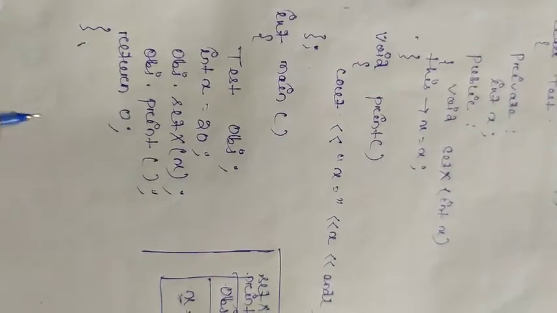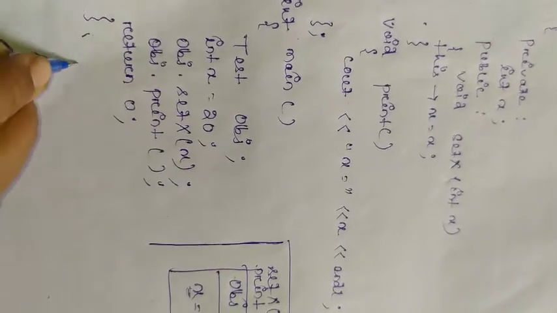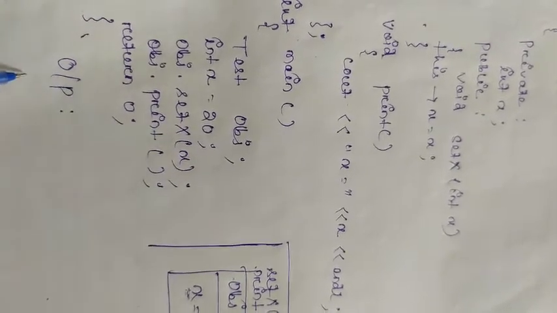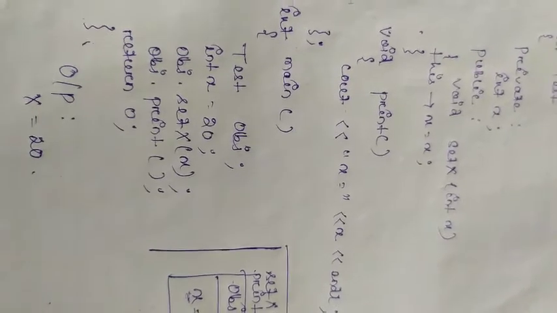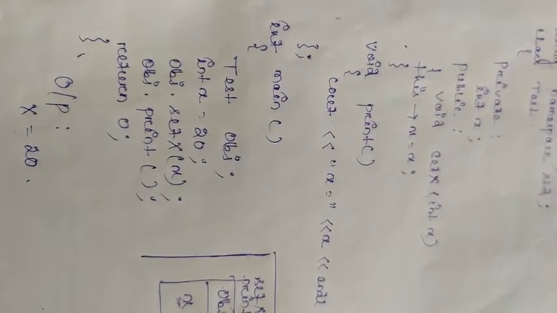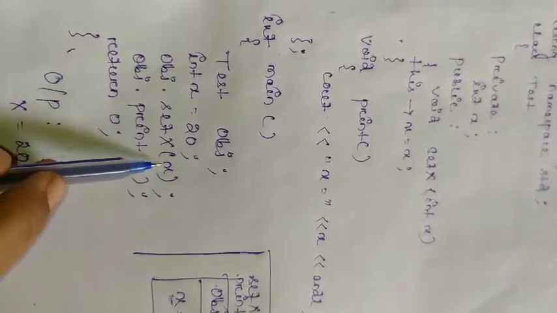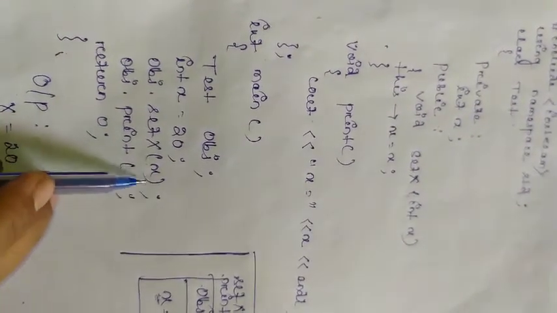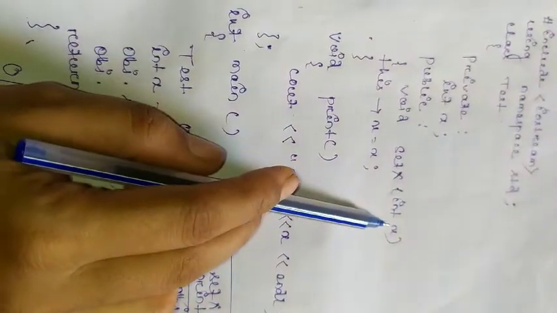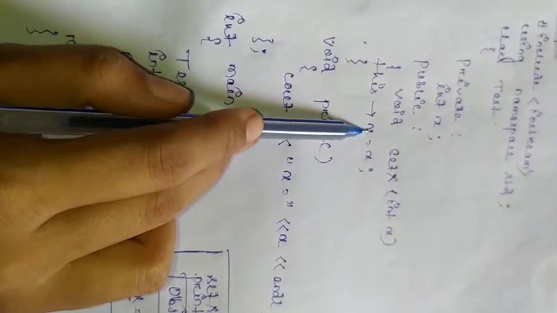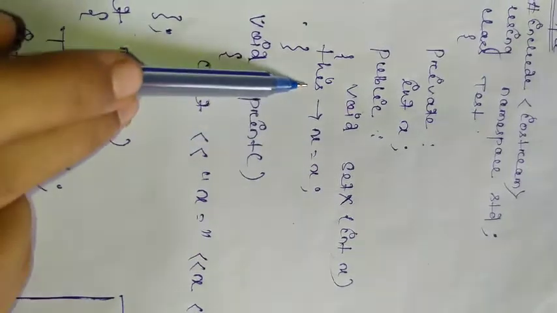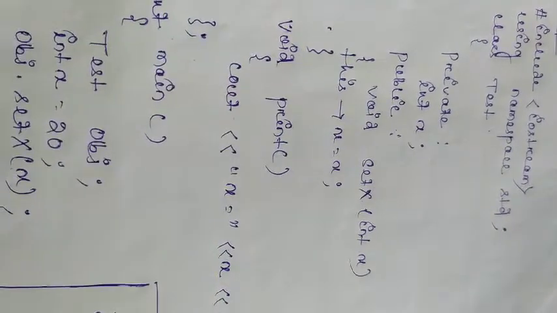The output will be x = 20. We pass the value x as 20, then 20 is copied, and we have to store the value in the object's variable. So for the object's variable we use the this pointer.